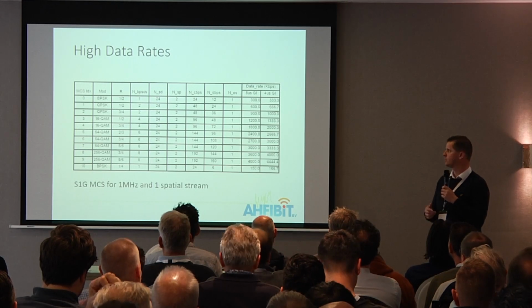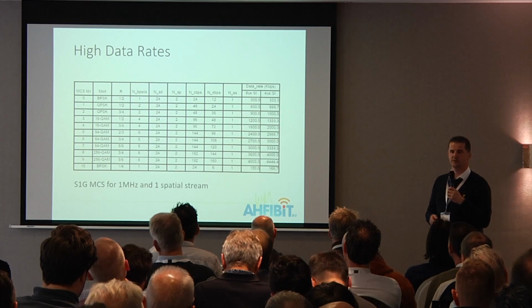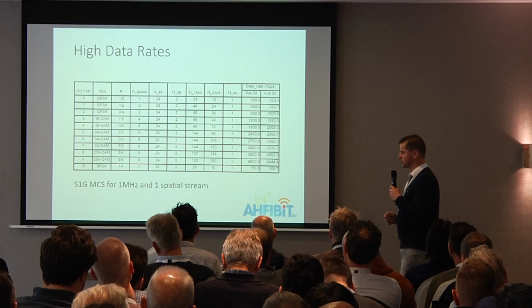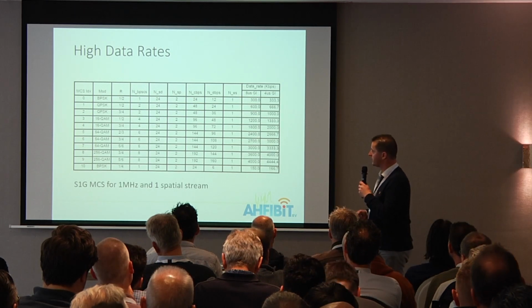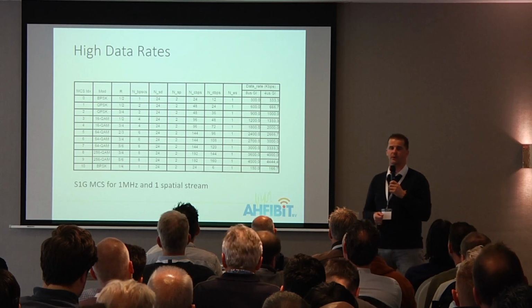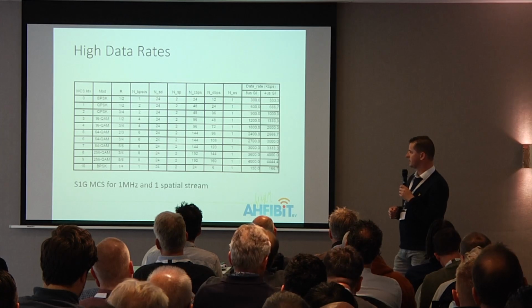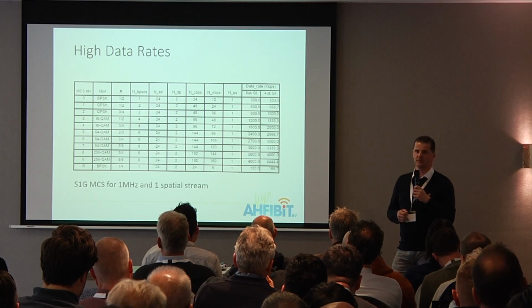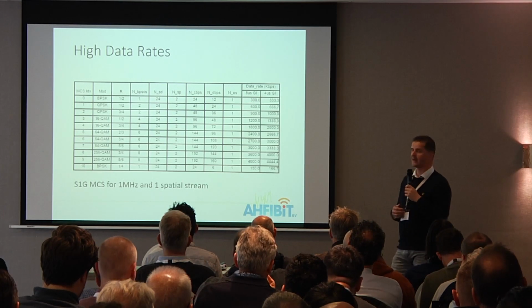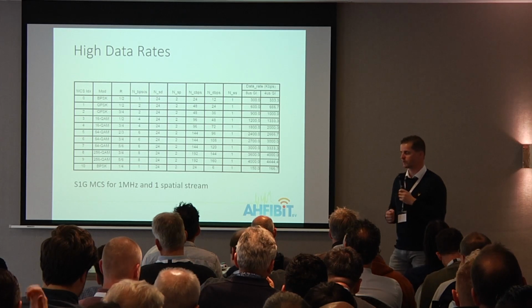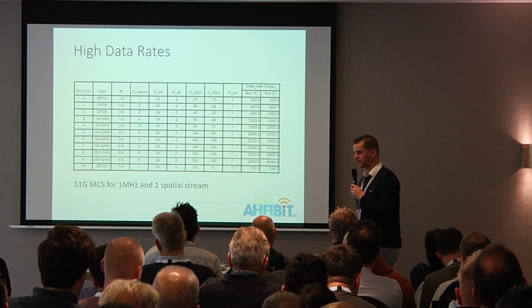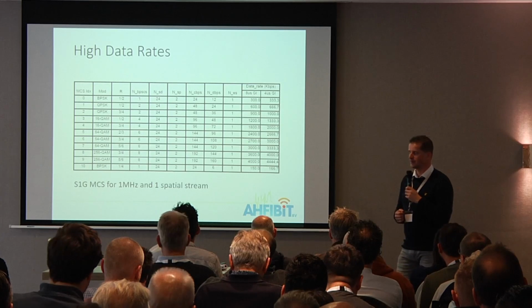It's not there in 2, 4, 8, and 16 megahertz, only here with 1 megahertz wide channels. And it has a coding rate of 1 on 4. So for each data bit, we send 4 bits out. So they introduced reliability to make sure those frames arrive at the destination.